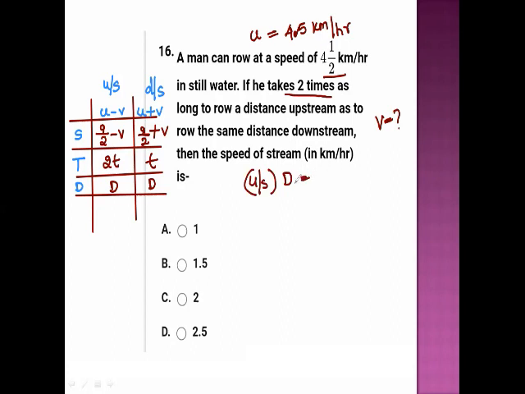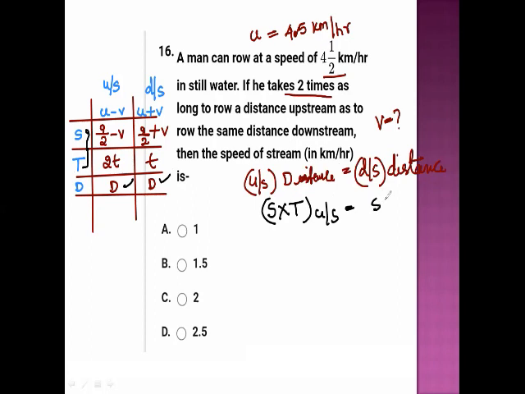So we know that from both cases, the upstream side distance will be equal to the downstream side distance. From the table we can see that the distance is constant. What is distance? Speed into time is equal to distance. So in the upstream condition, speed into time will be equal to speed into time in the downstream.